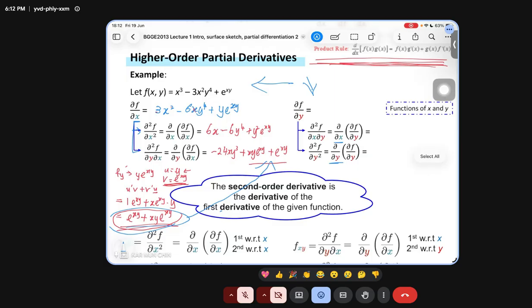First of all, when you differentiate the equation with respect to y, you will get negative 12x squared y cubed plus x e^(xy).